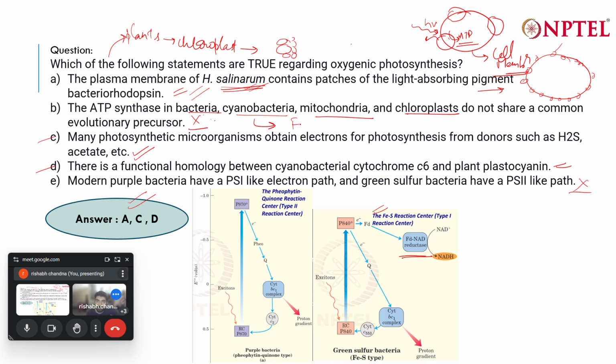They both have F0 and F1 parts, and F0 is involved in the breaking of the proton gradient, and F1 is involved in the formation of ATP. So that's why they share a common evolutionary precursor. That's why the structure of all the four ATP synthases is nearly the same. So that's why this statement is false.